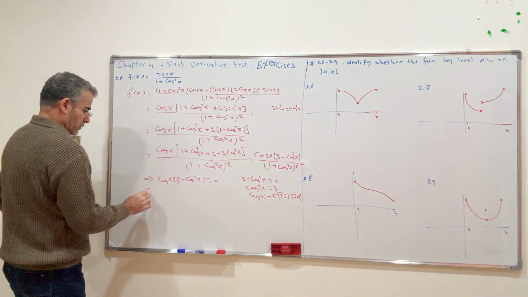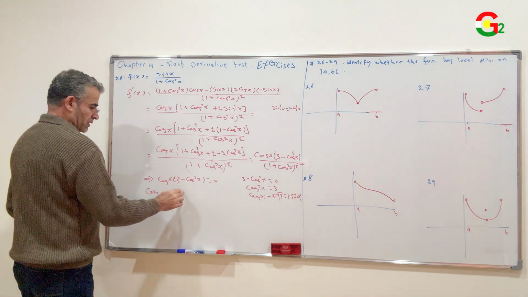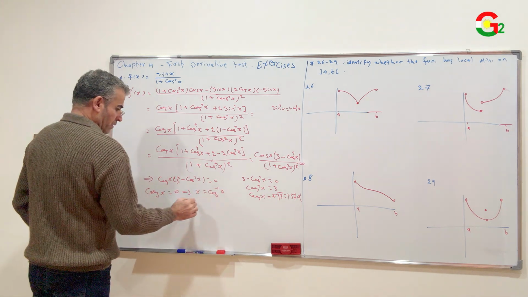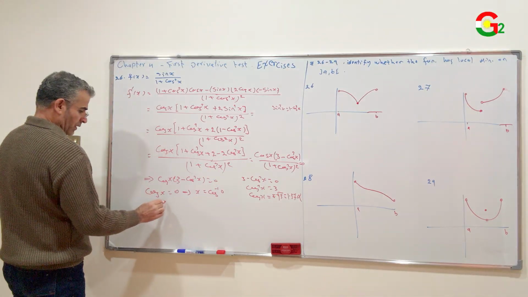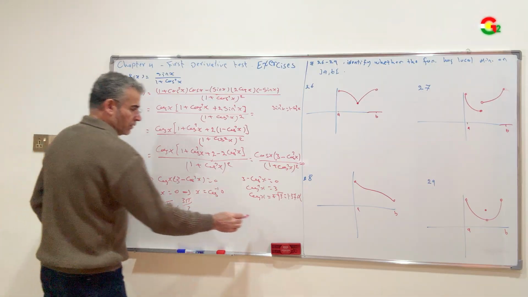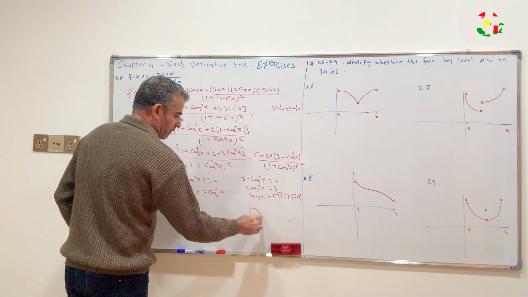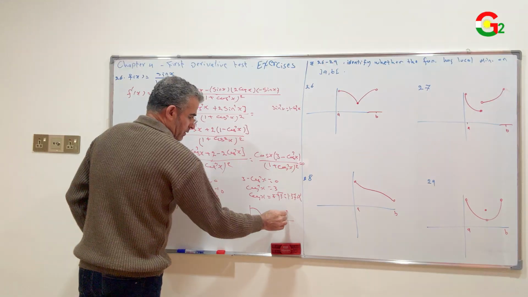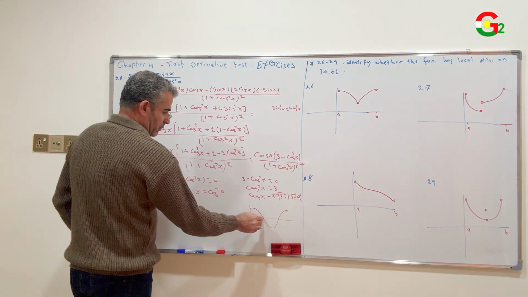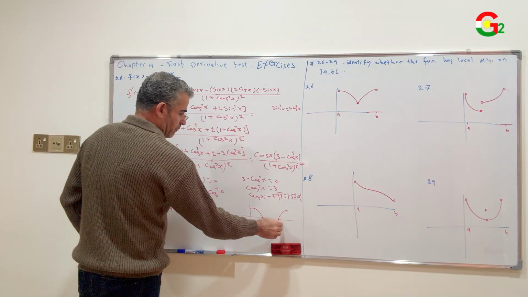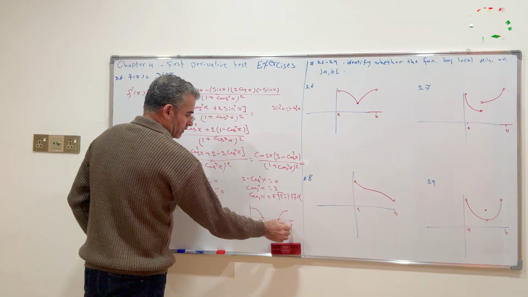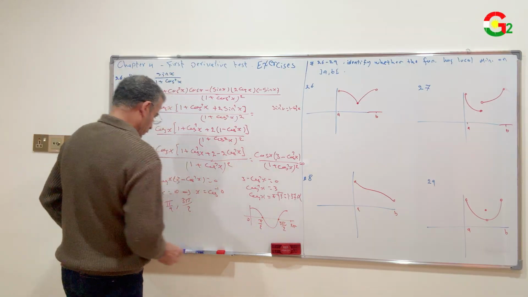Therefore we have only cosine x equals 0, so x equals pi over 2 and 3 pi over 2, because on the graph of cosine, pi over 2 is a value that makes cosine 0, and 3 pi over 2 is the other value that makes cosine 0 in the interval 0 to 2 pi.